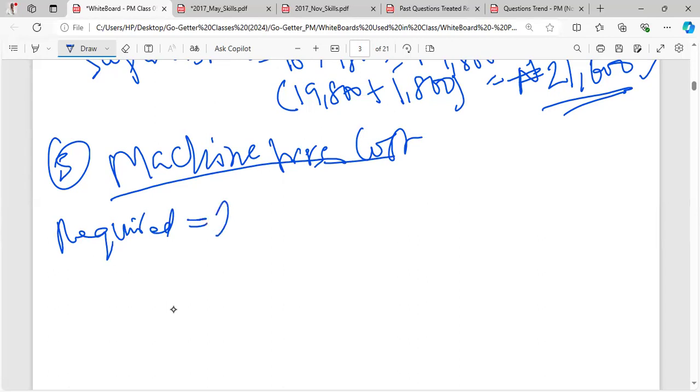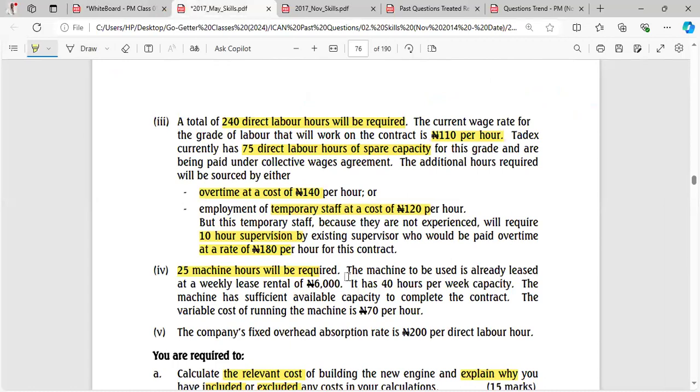Required is 25 hours. The machine is already being used for leasing at a weekly lease of 6,000 naira. It has 40 hours per week capacity. So 25 hours will be required.